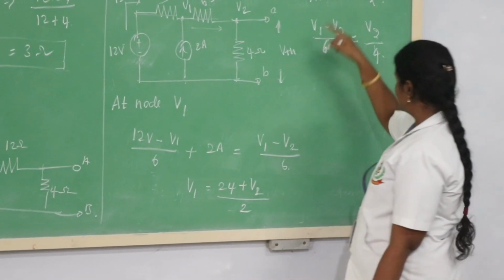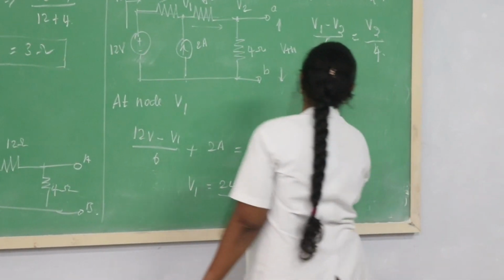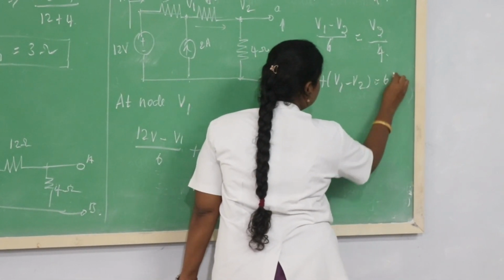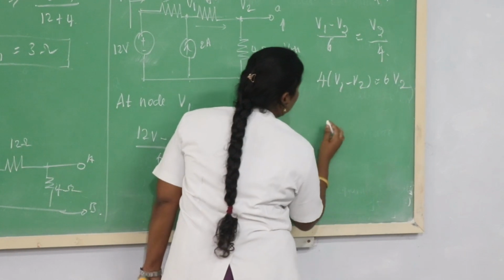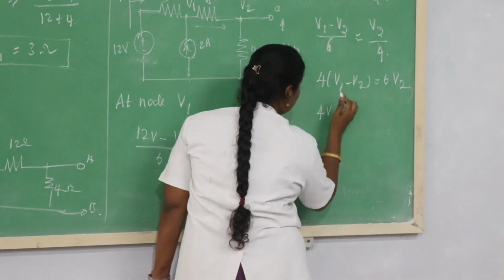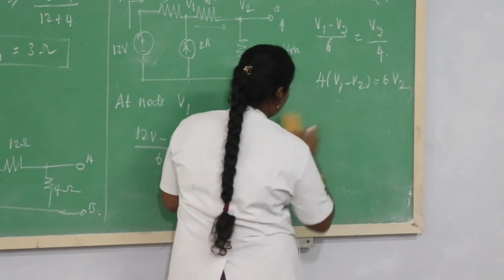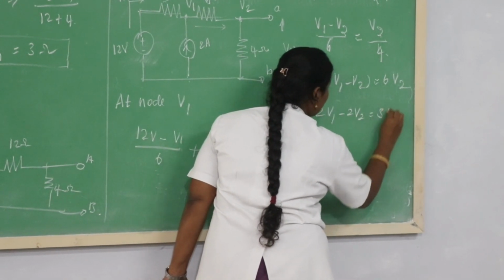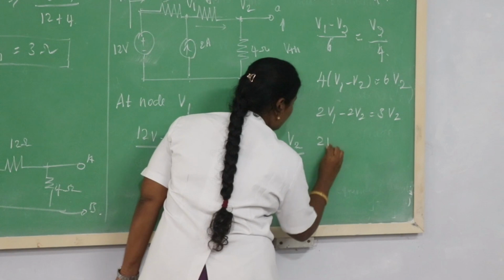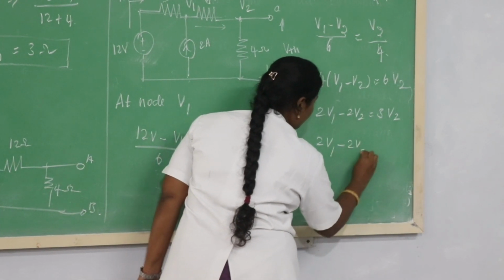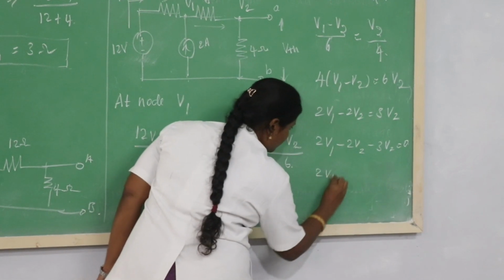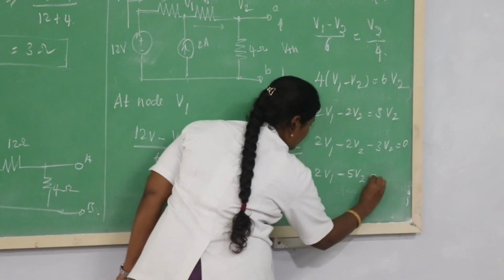While solving this equation, 4 V1 minus V2 is 6 into V2. Next, 2 V1 minus 2 V2 is equal to 3 V2. So, 2 V1 minus 2 V2 minus 3 V2 is equal to 0. 2 V1 minus 5 V2 is equal to 0.